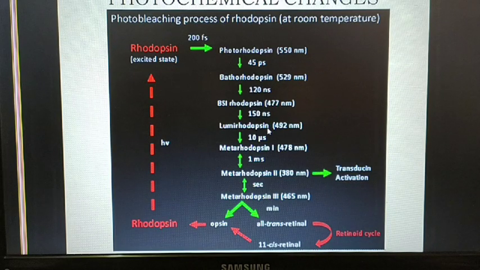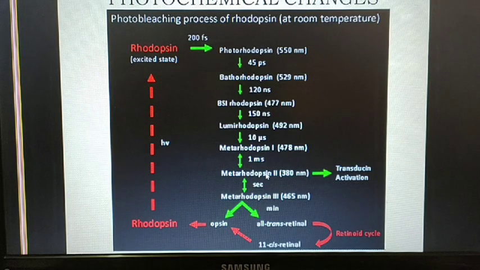and then to meta-rhodopsin 1 in microseconds. In a millisecond, meta-rhodopsin 1 is converted into meta-rhodopsin 2.